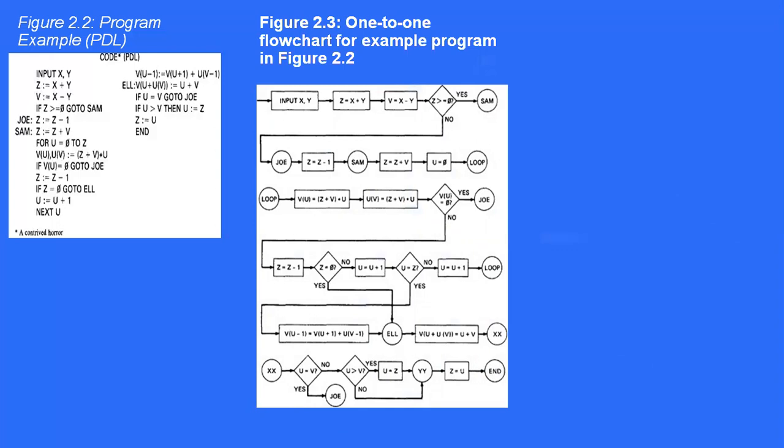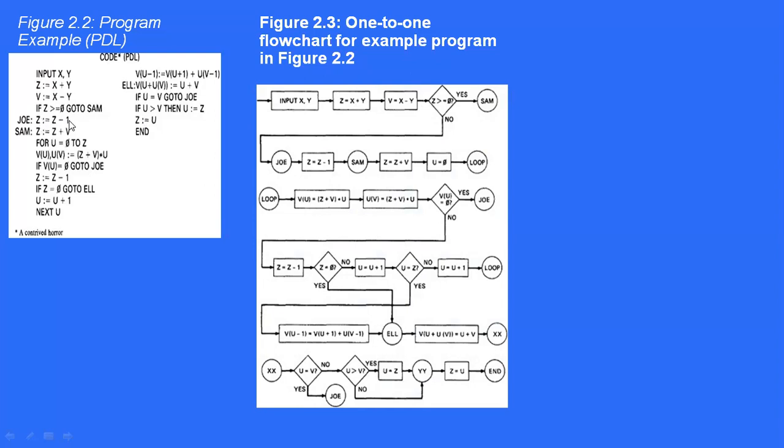Here we have a typical one-to-one classical flowchart. Input x, y. z is equal to x plus y; y is equal to x minus y. If z is greater than or equal to 0, go to SAM; if not, we execute JOE.